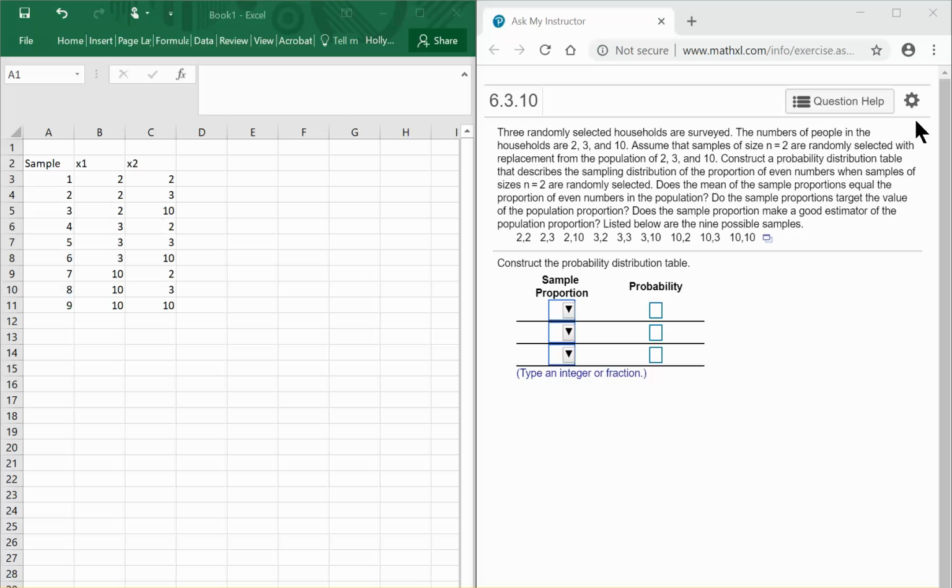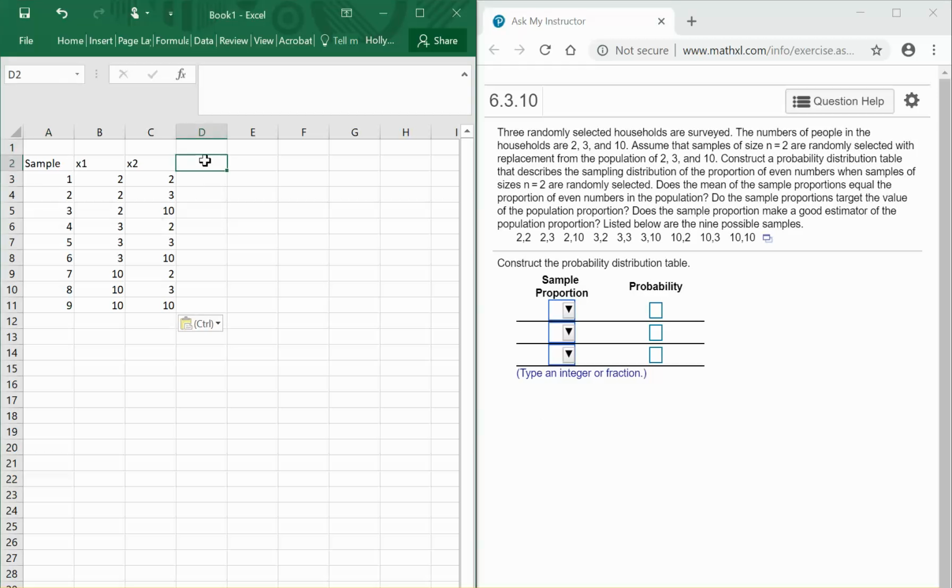So when I copy and paste into Excel, this is all that the problem gives me. But I need to create this probability distribution table, so I'm going to add some more columns.